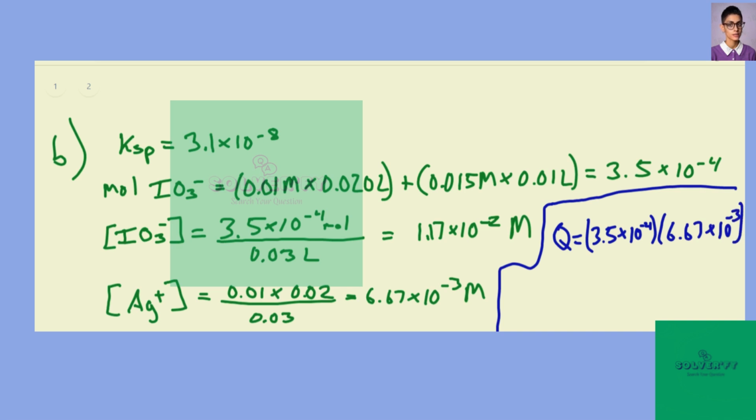Since it's a 1-to-1 ratio of the ions, we don't have to do any exponents. And this value is equal to 2.33 times 10 to the minus 6. And we see that the value of KSP is 10 to the minus 8. So once again, Q is greater than K. So we will experience precipitation once more.